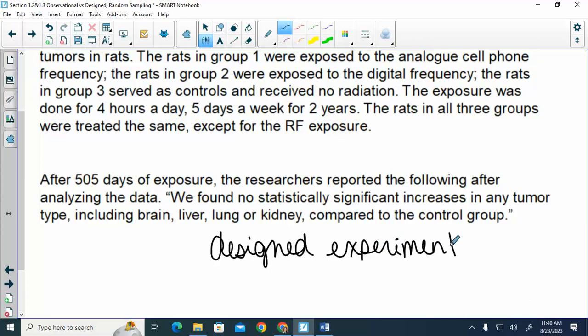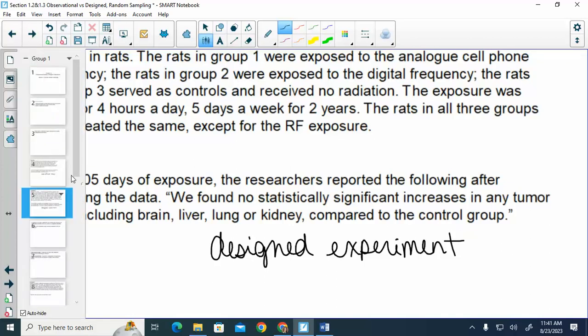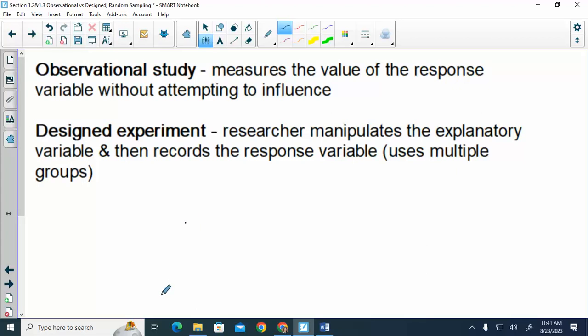They broke them into groups, they gave them different kinds of treatments and compared those groups. So when we are trying to decide, I guess we should maybe have some actual definitions.